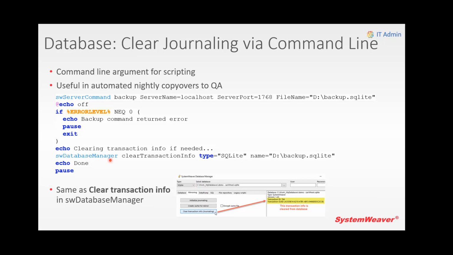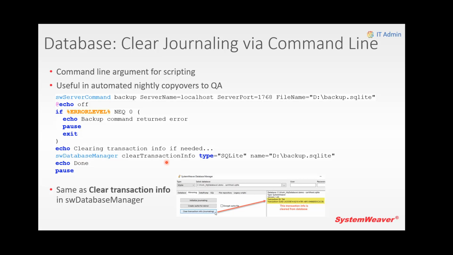But with this new command line, clear transaction info, you can implement it in your script. For example, if you have an automated nightly copy over from production to QA, you can run your backup and then clear the transaction info on that backup file. This is all assuming you don't want the journaling in your other environment, which is usually the case.